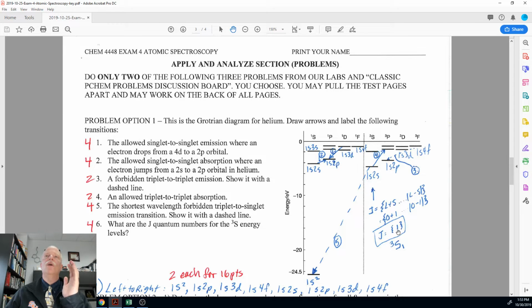So they only have 1 quantum number in this particular J value. J is equal to the set of 1. So this is what that term would be. All of these atoms in this column would have the term triplet S1. And so that's problem option number 1.